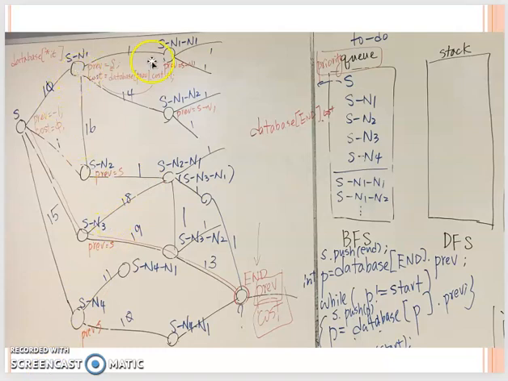Also, do you remember before we said if a node has been visited, I don't need to revisit it again? But now, no. Actually, all the routes we need to go over one by one until we finish, because all the edges have different costs.